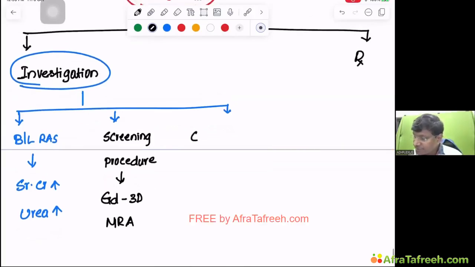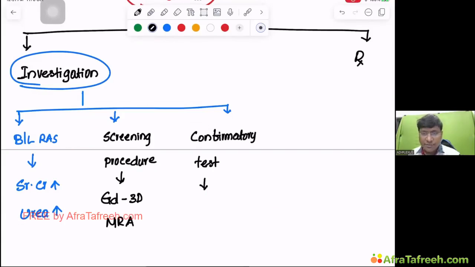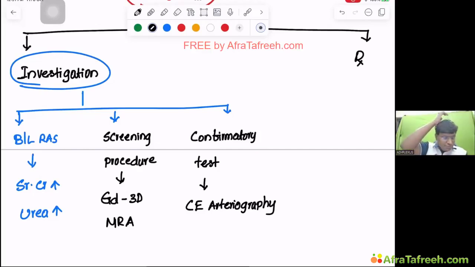The confirmatory test will be contrast enhanced arteriography. Okay, so this contrast enhanced arteriography is the one which will show you the presence of the renal artery stenosis.